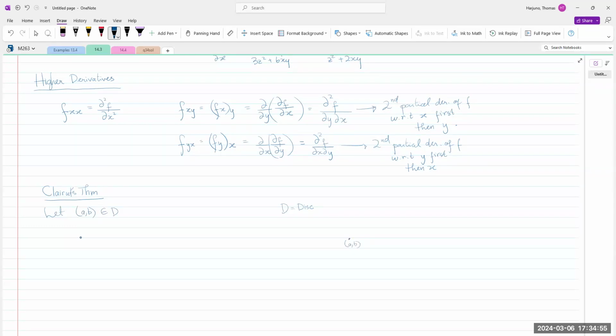Now this (a, b) is inside a disk D, and this D is contained in the domain of the function of x, y. So let's say this is the domain of that function.